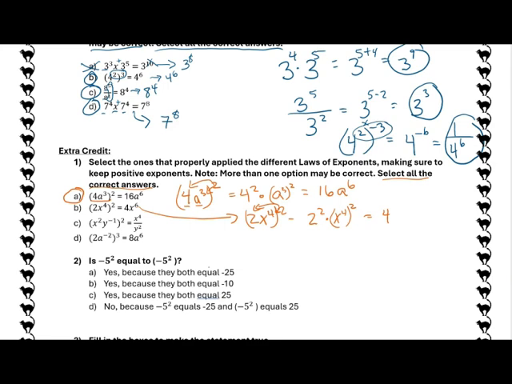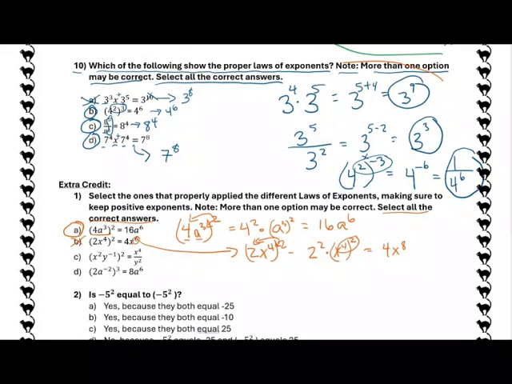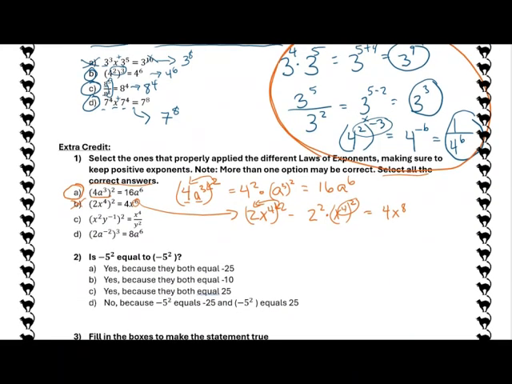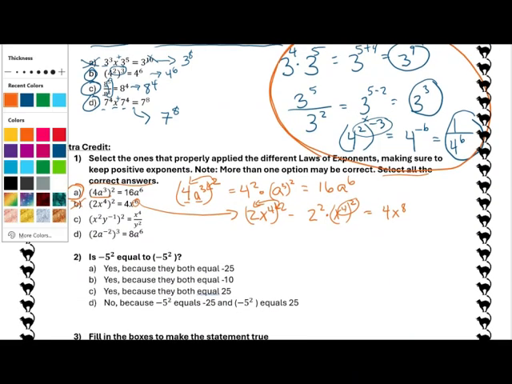And then I get 4 times 2, which is 8. So times x to the 8th power. Uh-oh, this one says 6. So that one is not the answer. If you added those exponents and did 4 plus 2, you would have got 6 and would have thought maybe that B was an answer. So make sure you are very good with these exponent rules. You have to be very good with them in order to answer these properly.